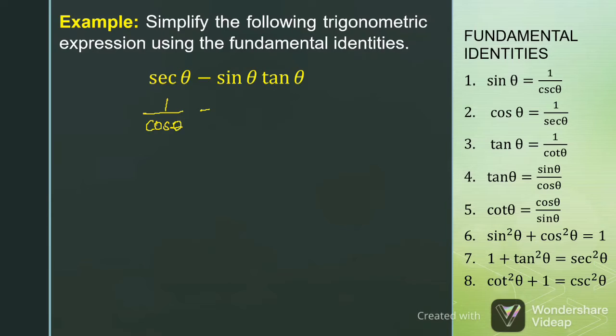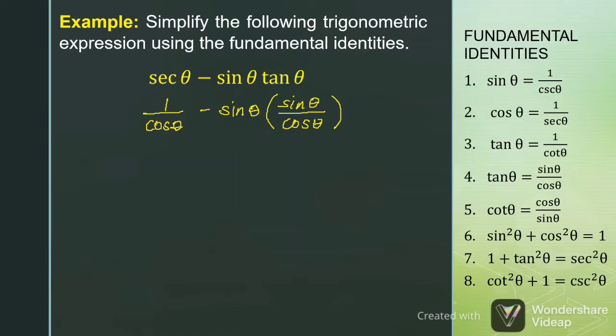Copy the sine. So, sine theta times, what is the equivalent of tangent theta? Using the fourth identity, tangent theta equals sine theta over cosine theta.